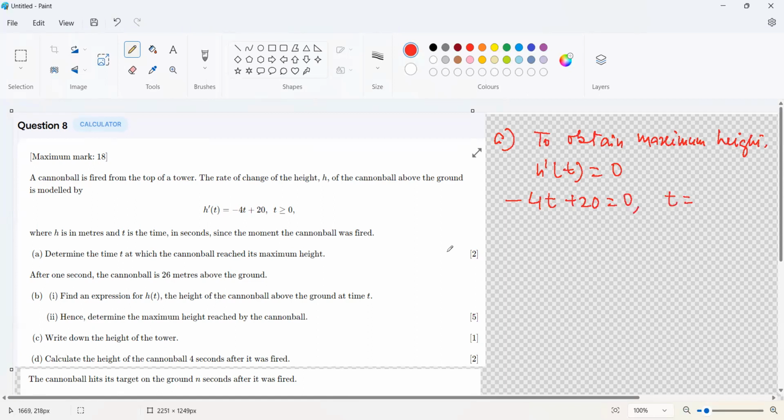So t would be negative 20 upon negative 4, which comes out to 5 seconds. So at t equal to 5 seconds, the ball which was fired obtained the highest height, the maximum height. Okay? Yeah.